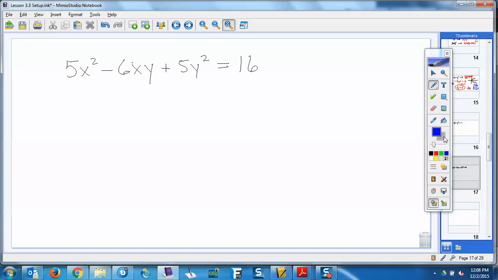Okay? Now, so what do we do? The derivative of both sides. So we start here. What's the derivative of that? 10x. Now, here's where this gets tricky. Does anybody have an idea on this one? Minus 6y prime. Minus 6. What are you forgetting?